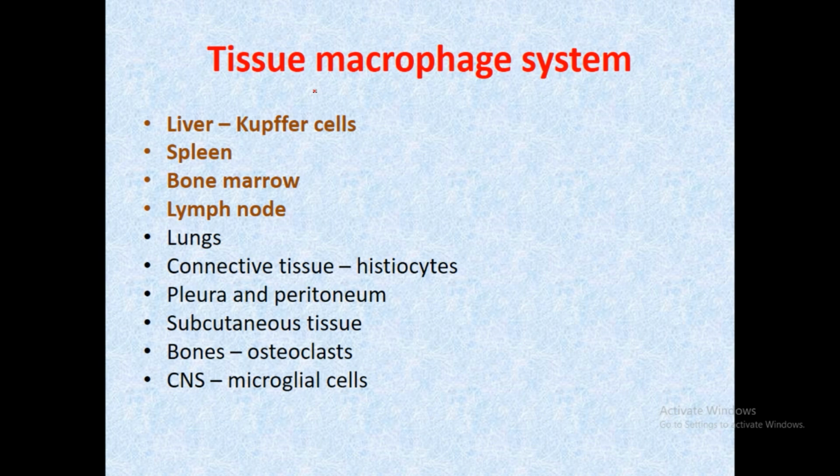But when the monocyte comes out of the blood vessel and is present inside different types of tissue, it is known as a macrophage. Inside the liver, it is known as Kupffer cells; then spleen, bone marrow, lymph node, lungs, and connective tissue, where they are histiocytes; pleura and peritoneum, subcutaneous tissue; in bones, osteoclasts; and in the CNS, microglial cells. So all these cells function as the tissue macrophage system.